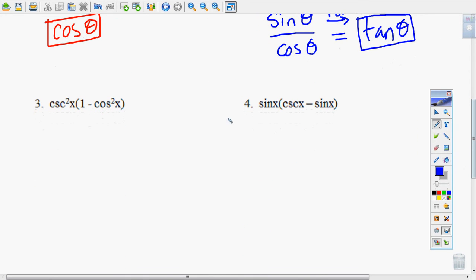Okay. All right, so this right here, once you see squares, you should automatically think, oh, maybe I should look at my Pythagoreans, because Pythagoreans have squared rules, right? So if I have 1 minus cosine squared x, what can that be reduced to?